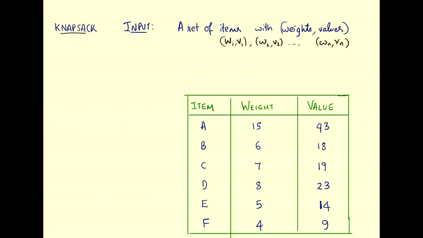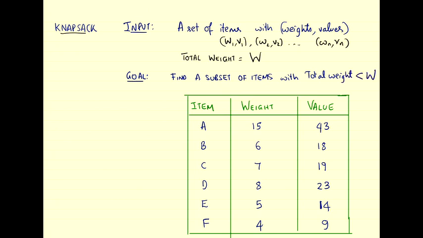You get weights and values for n items, and you also get a maximum possible total weight that you can carry, some number, capital W. Your goal is to find a subset of items with total weight at most capital W and maximum value.